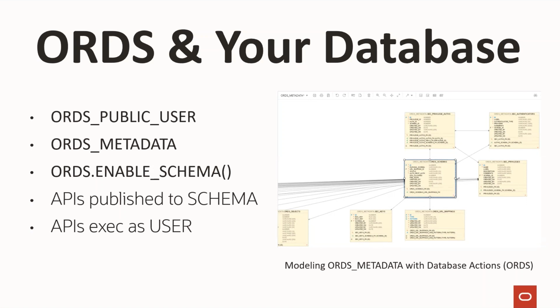When you publish APIs, they get published for a specific schema. And then when they are called, that SQL and PL/SQL workload gets executed as that user. So this is important to know.